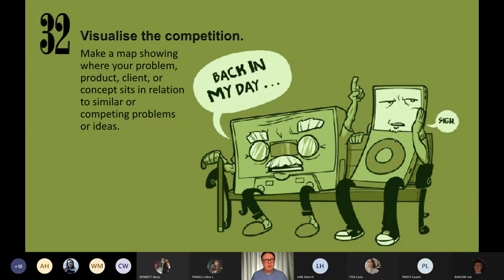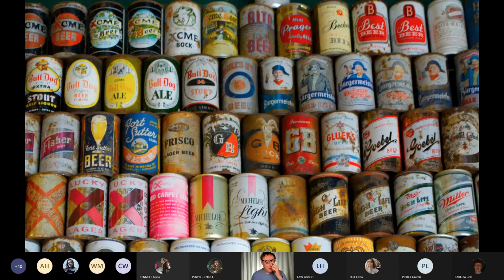A classic example is a supermarket. It's the best example of where graphic design solutions are in direct competition with each other. Which one stands out the most?